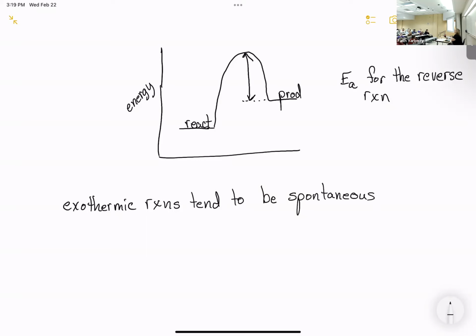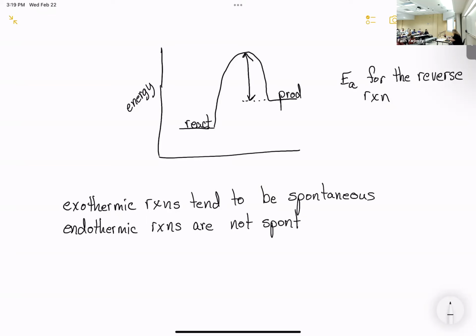In other words, once they get that spark, they go. Whereas endothermic reactions are not spontaneous.